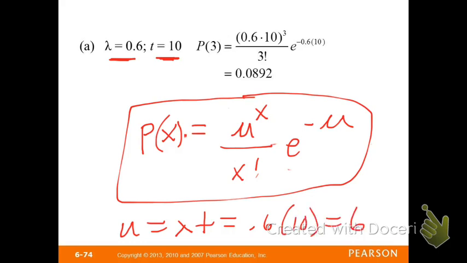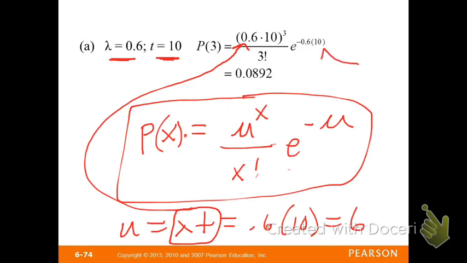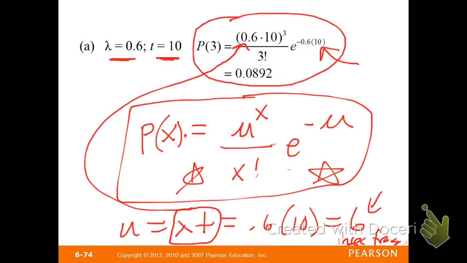Notice that is that expression right there, lambda t. So by substitution, I could view it like this, because we're going to see in the near future they're going to ask us for mu, the expected value, which would be 6 insect fragments in the 10 grams of chocolate.